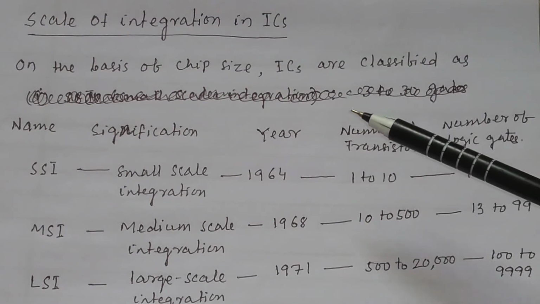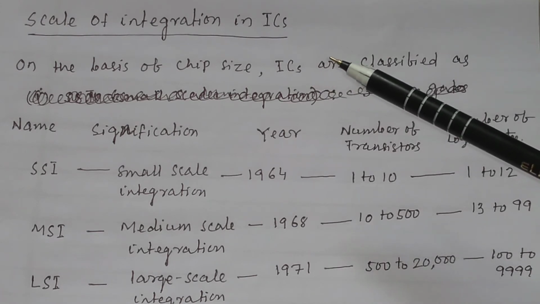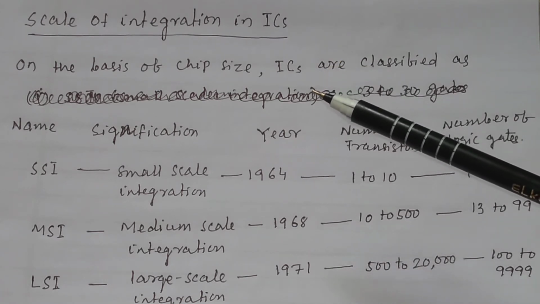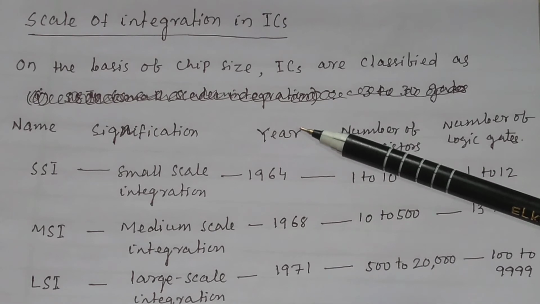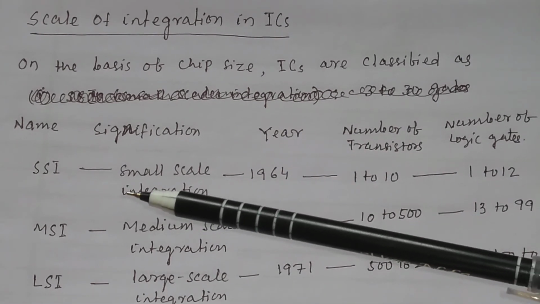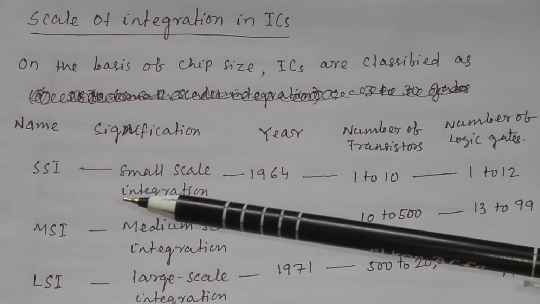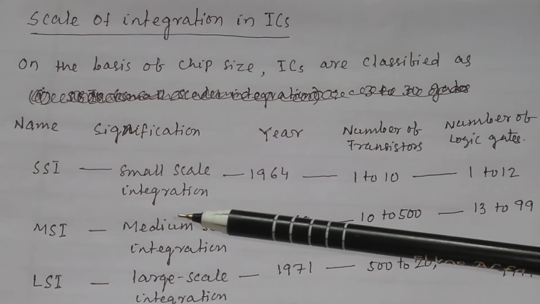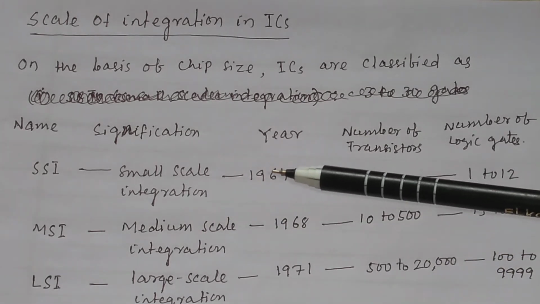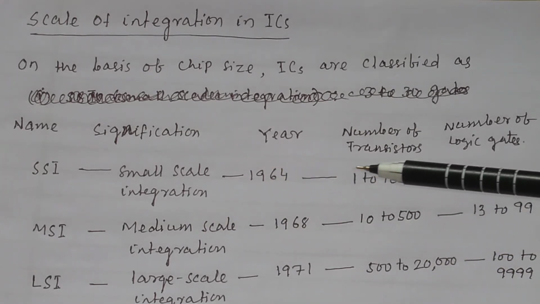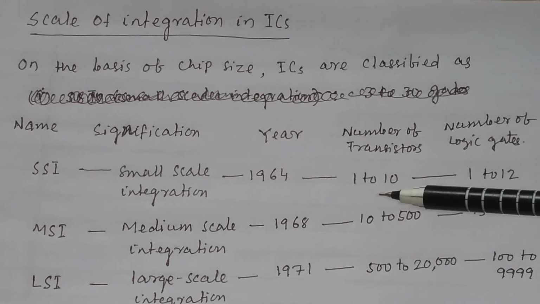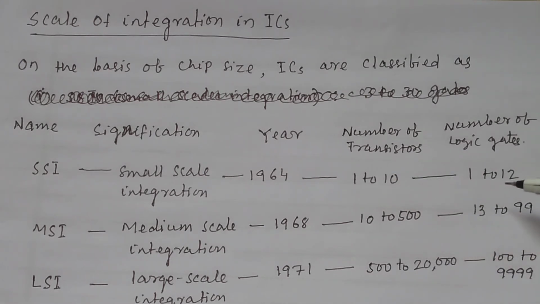Now we'll discuss the scale of integration in ICs. On the basis of the chip size, ICs are classified into these categories. Number one, SSI, that is the small scale integration. It was invented in 1964, and the number of transistors used is between 0 to 10, and the number of logic gates used in SSI is 1 to 12.